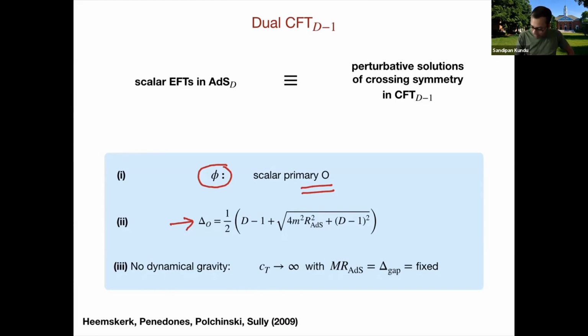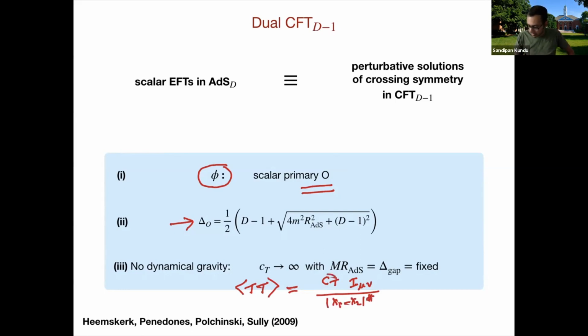C_T is defined as follows. If you take the T T 2-point function, where T is the stress tensor, in CFT, it has the following form. It has some number, which is known as the central charge, and then there is some known tensor structure, let me just write it I_{mu nu}, and then some known power of the distance between the 2 points.